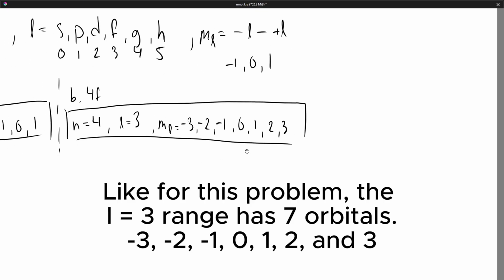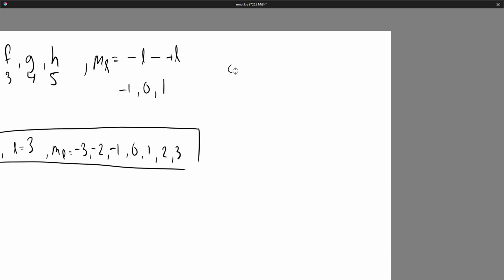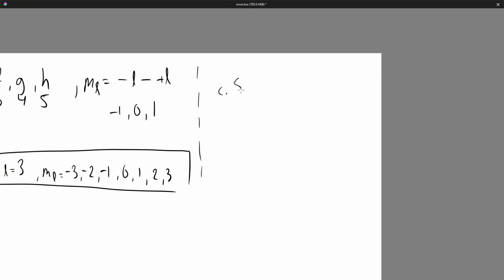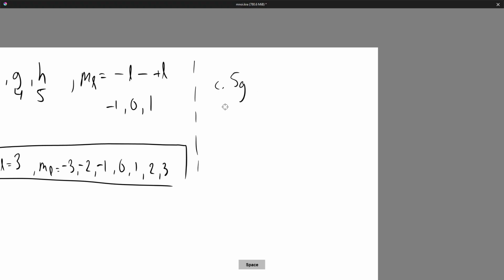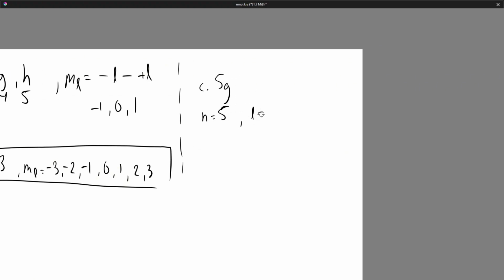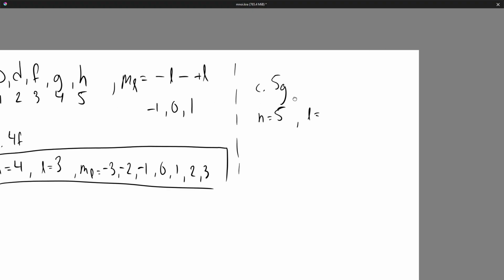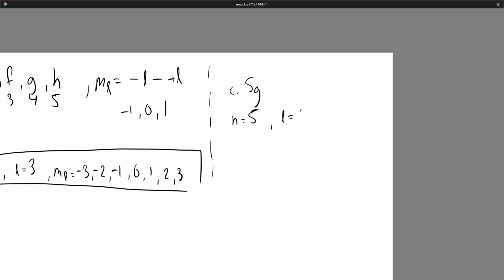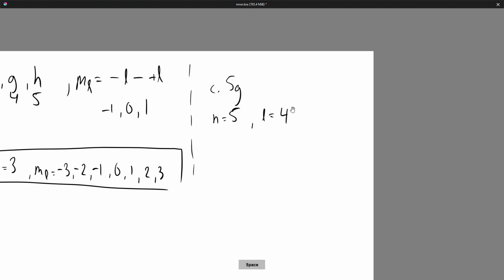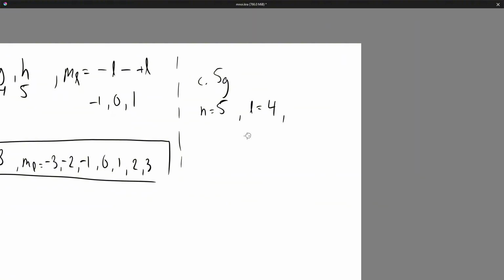Okay. Now C. So C is 5G. N is 5. L is 4. G is kind of uncommon, but you'll probably see it sometime in the future.